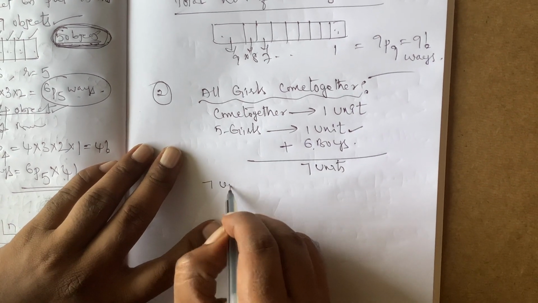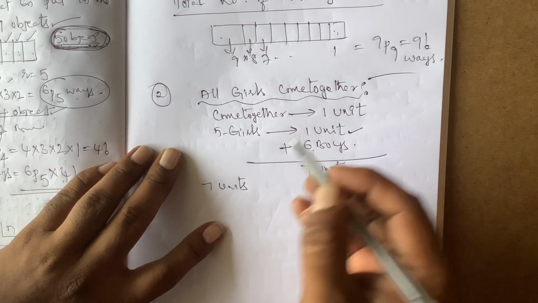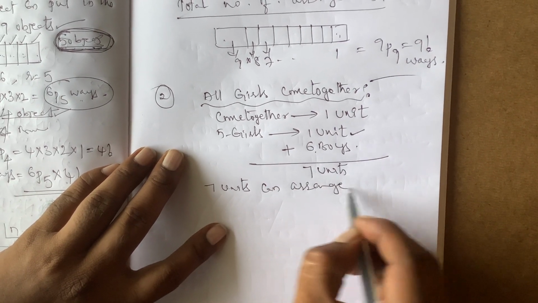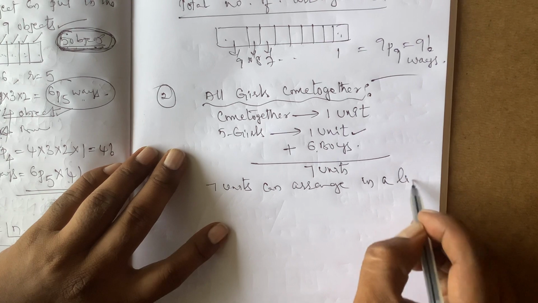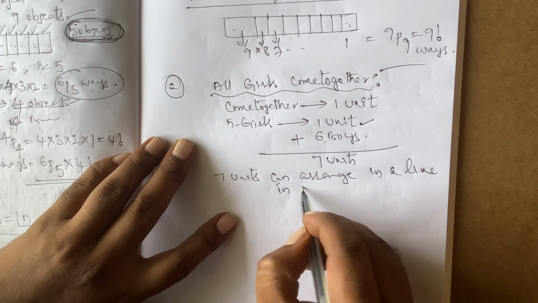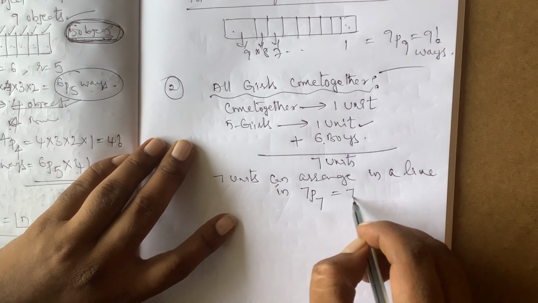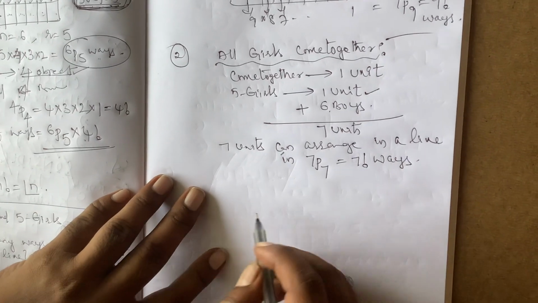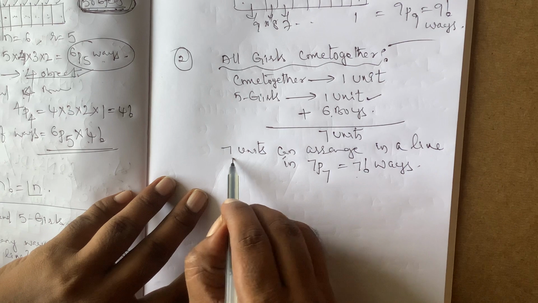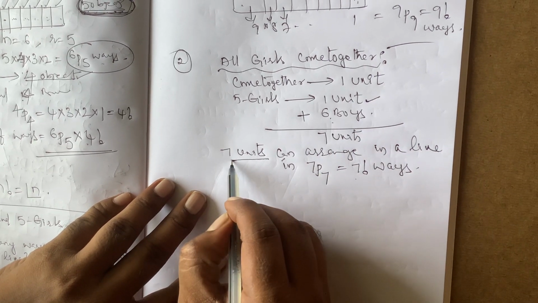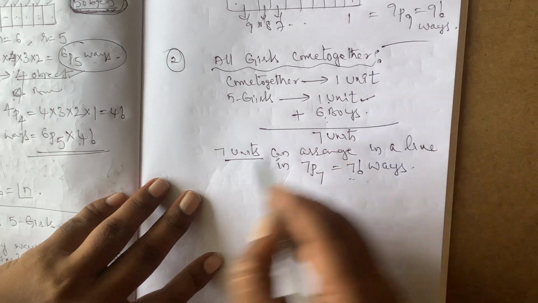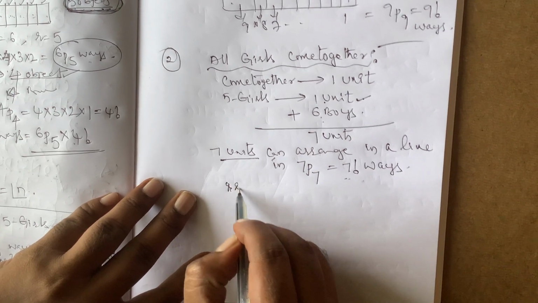Now these 7 units, or 7 things, can be arranged in a line. How many ways? In 7P7, which is equal to 7 factorial ways. Okay, in these 7 units, 6 boys are there and 1 bundle of girls.